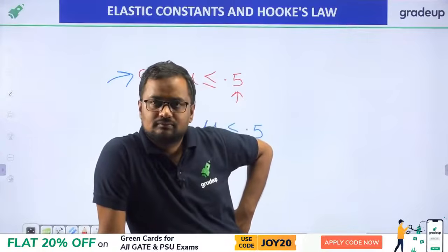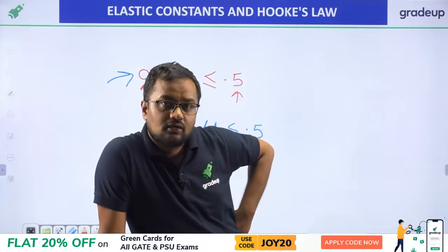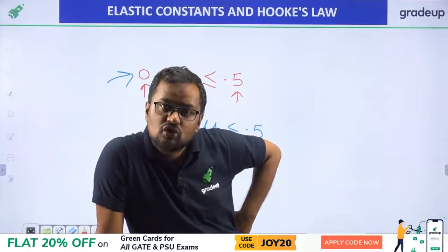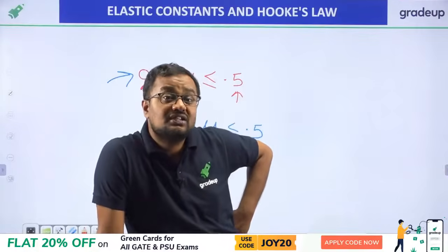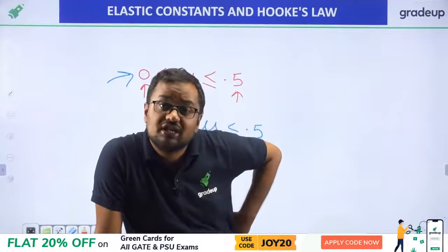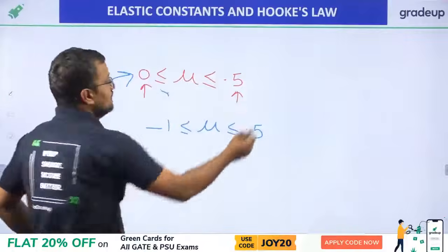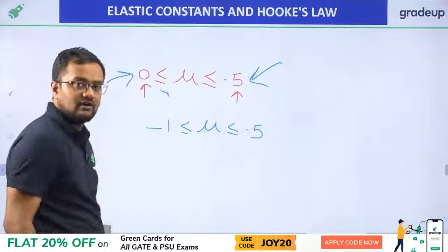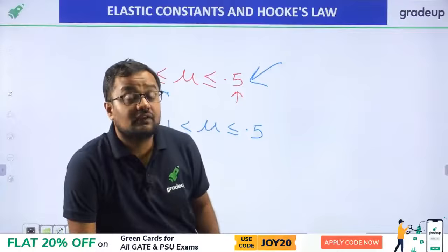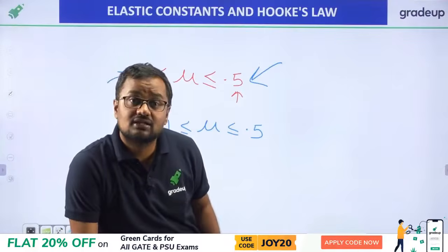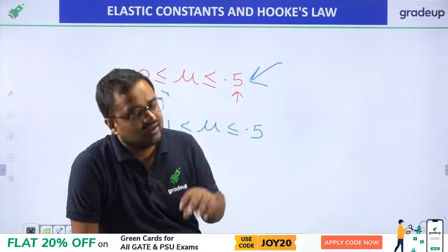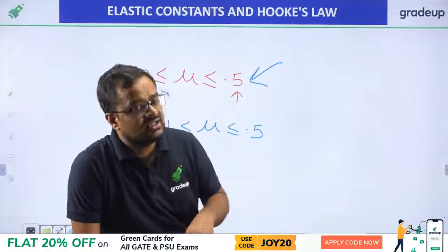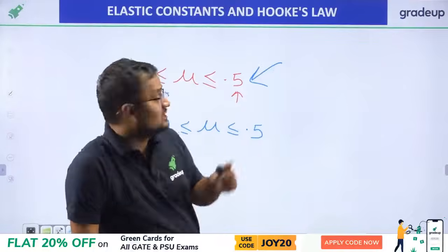My friend, if the question asks to find the range of mu for elastic material or engineering substances, then the answer will be 0 to 0.5. I'm again saying, if the question asks for the value of mu for metals or engineering substances, then the answer is this.